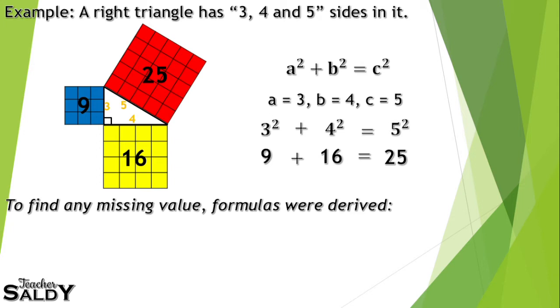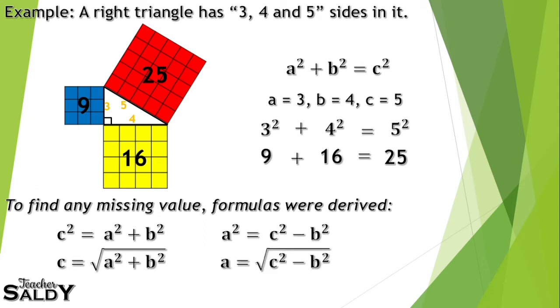To find any missing value, formulas were derived. If you are looking for the hypotenuse, we get C squared is equal to A squared plus B squared. C is equal to the square root of A squared plus B squared.